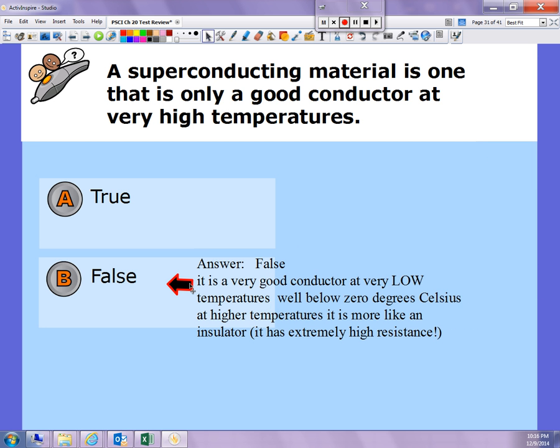The answer is false. It is a very good conductor at low temperatures. Remember, it was minus 300 and some odd degrees Celsius, way, way down there, 10 times colder than dry ice. At room temperature or higher temperatures, it has a very high resistance. It doesn't allow the charge to flow.